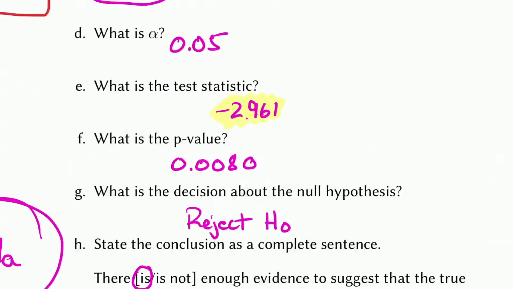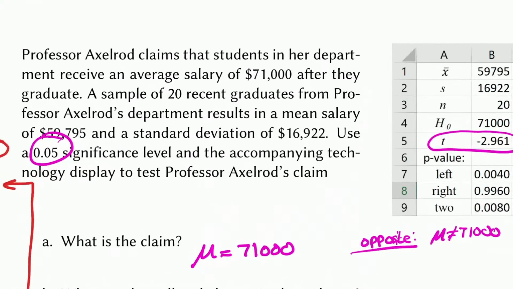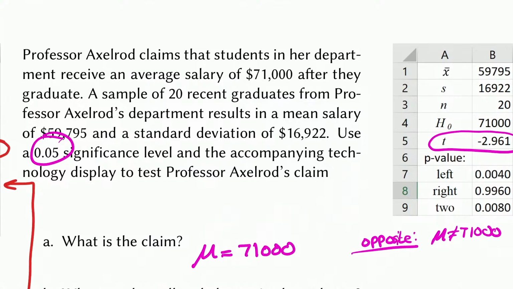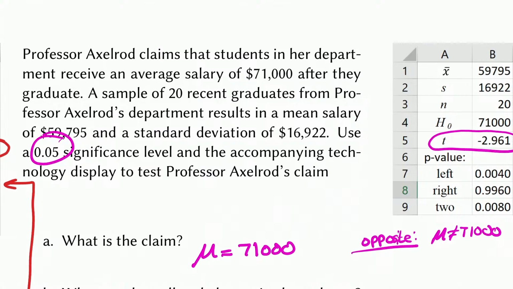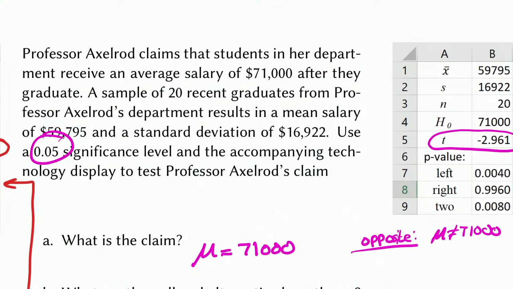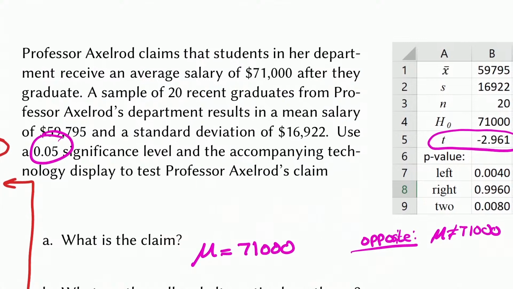From the get-go, the only thing that we're told is that Professor Axelrod claims students in her department receive an average salary of 71,000. And it says we're testing Professor Axelrod's claim. So is it 71,000 or is it not?